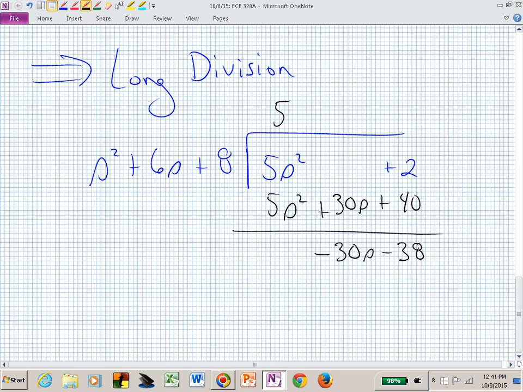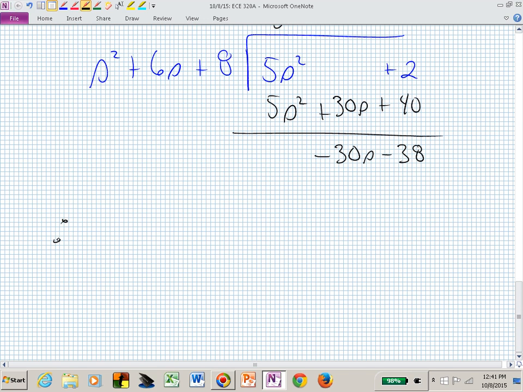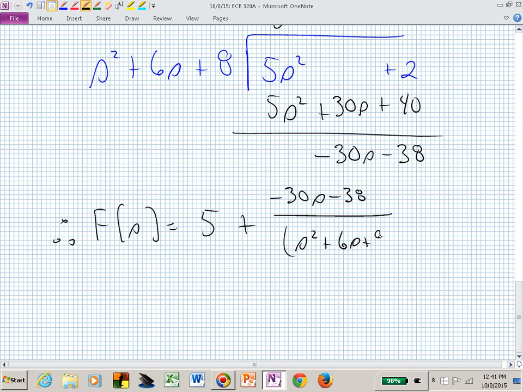That remainder has an order strictly less than the denominator order, so we can stop. Now we can say capital F of s is 5 plus (minus 30s minus 38) over (s squared plus 6s plus 8).